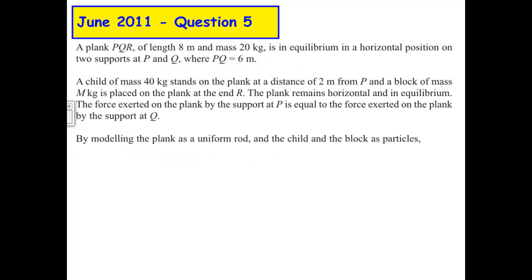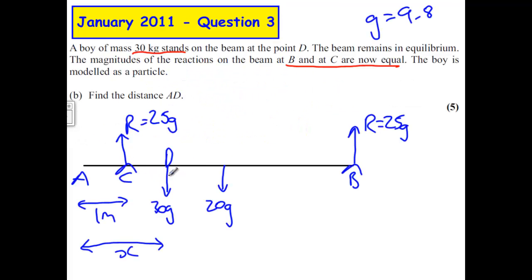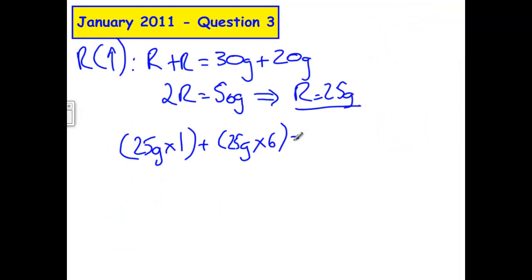Now that is equal to the moment acting in a clockwise direction. So we're going to have the weight of the boy, which is 30G, times the distance of x.